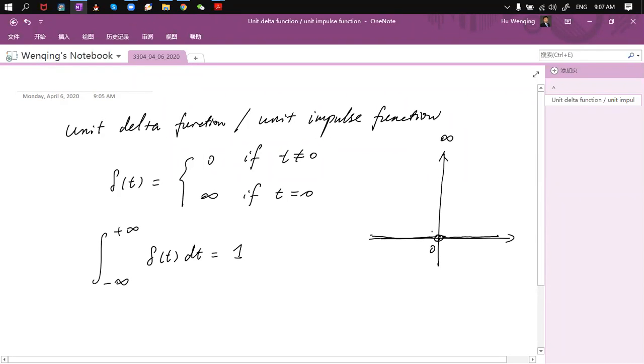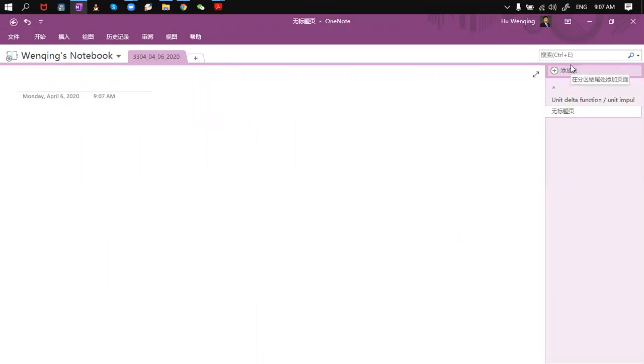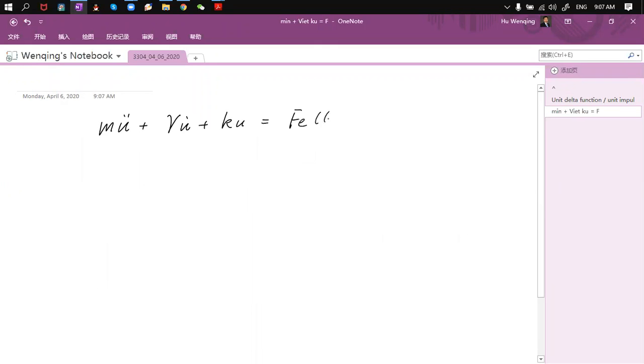Now this unit impulse function is used to model kicks applied to a mechanical system. For example, you can consider a mechanical vibration m u double dot plus gamma u dot plus k u equal to the external forcing, where the external forcing you can take to be F0 delta of t, or maybe F0 delta of t minus t0.